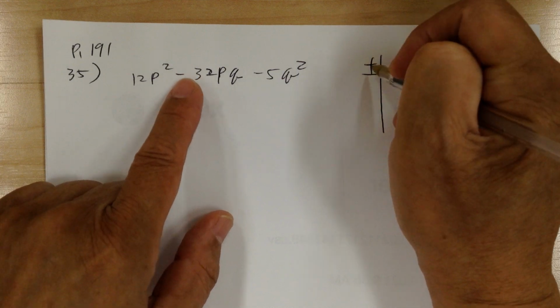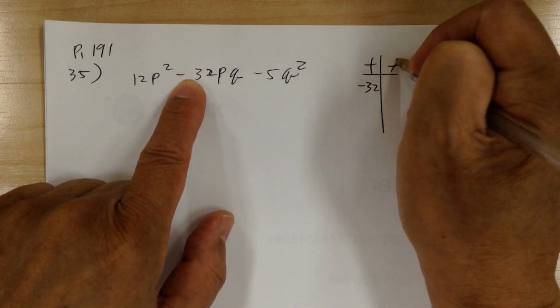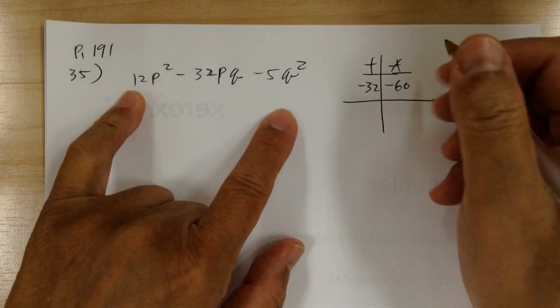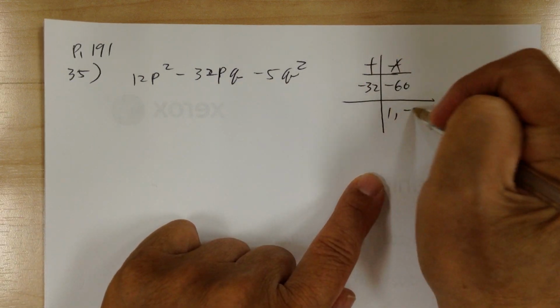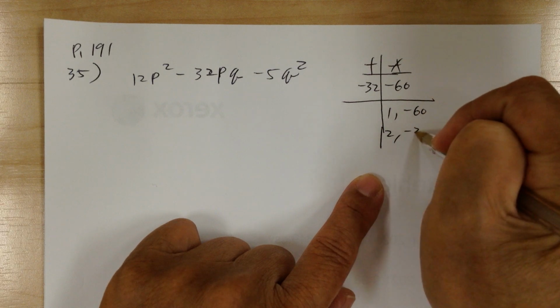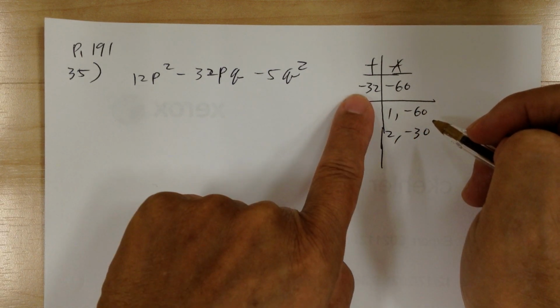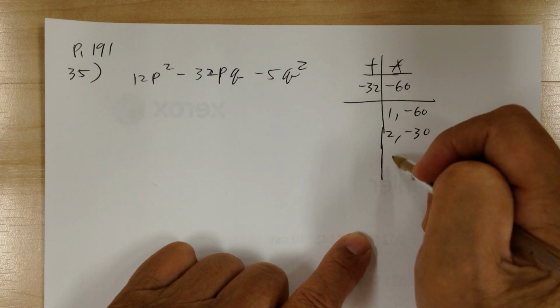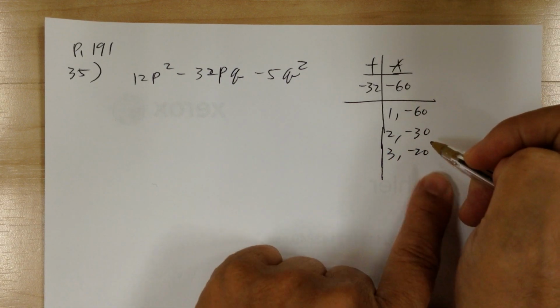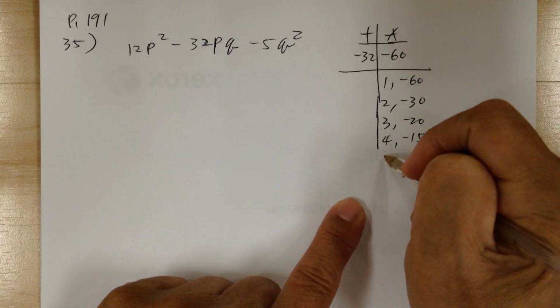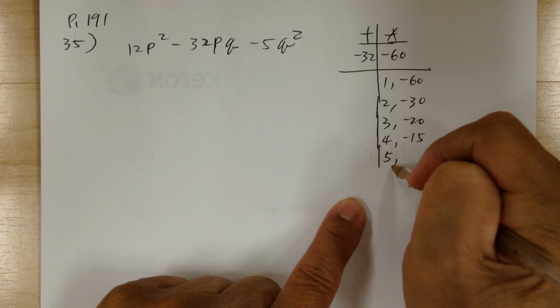Again, you have to add to get the middle term. You have to multiply to get the master product, negative 60. Start with 1 comma negative 60, 2 comma negative 30, and by the time you get here, you know that's not going to get you the negative 32, because when you get to 3, it's going to get less and less. But if you don't believe it, you just keep going. 5, negative 12.